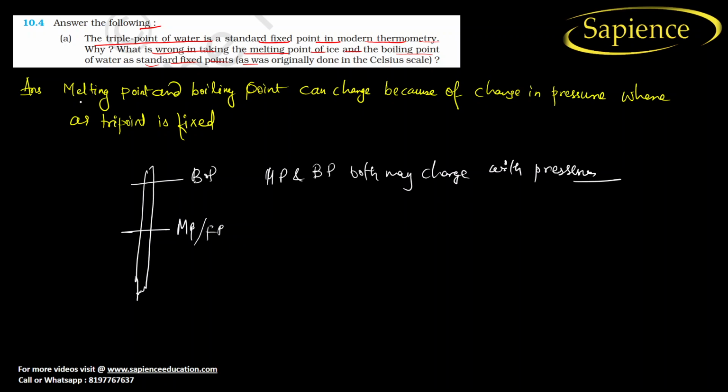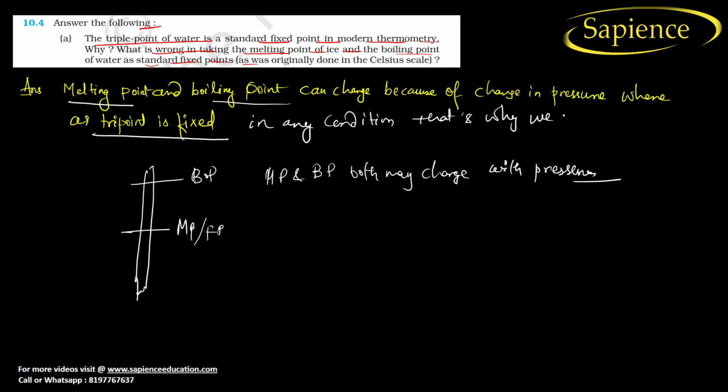Melting point and boiling point can change because of a change in the pressure, whereas the triple point is fixed in any condition. That's why we use the triple point, because it is universally constant. I hope you have understood this question.